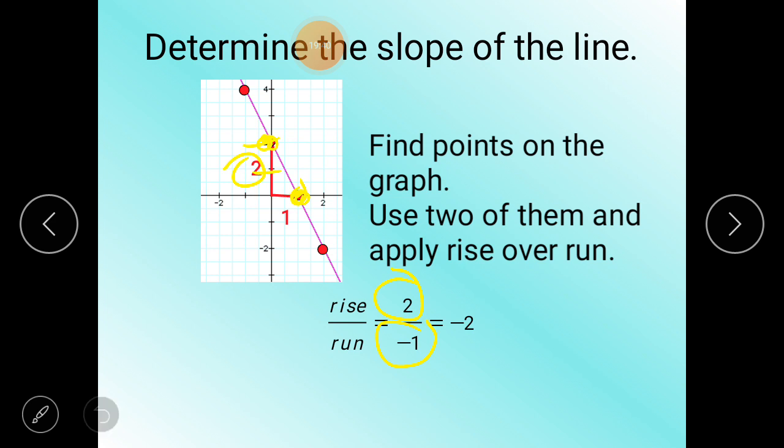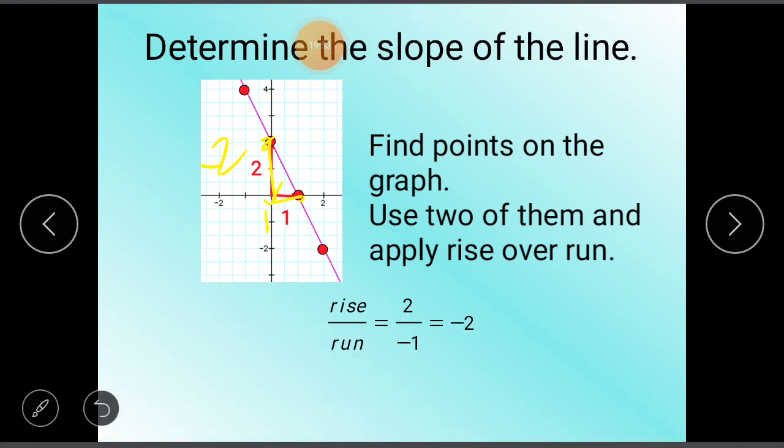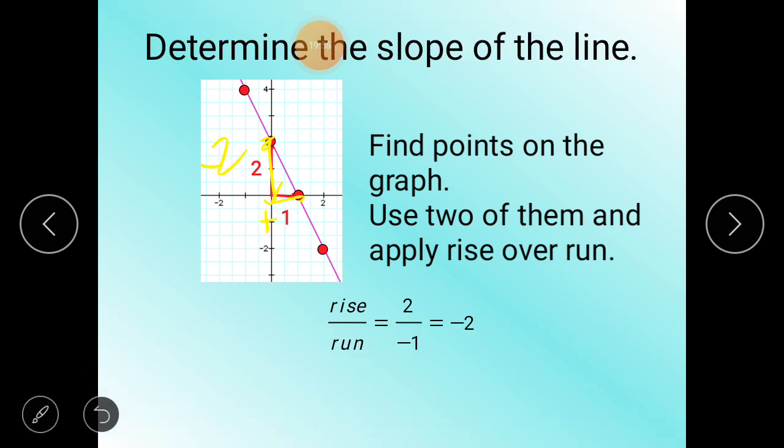Or if you decide to start from this one, you'll get a negative 2 because you go down and a positive 1 because you go right. Okay, either of the two you're going to come up with the same answer.